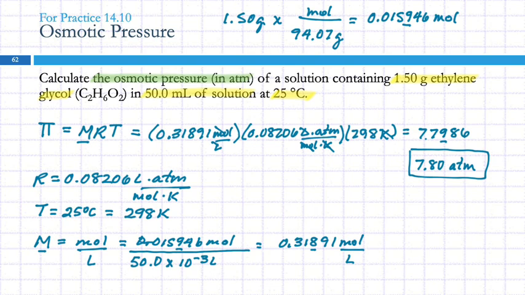How am I getting this wrong? 2 times 12.01 plus 6 times 1.008 plus 2 times 16. Oh, I was doing 32. Yeah. What the heck? Oh my goodness.